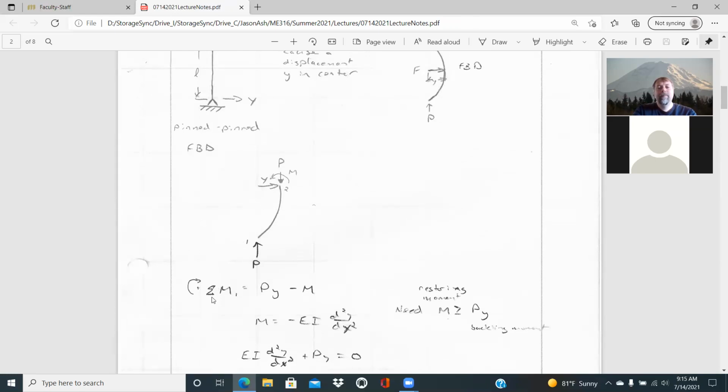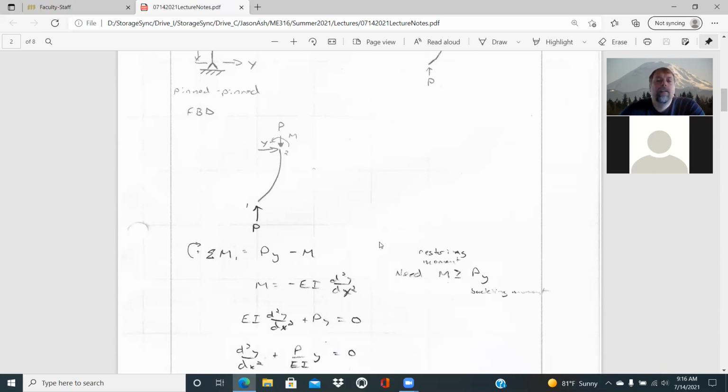And so if we sum our moments, in this example I sum moments clockwise, about this point here. We'd have a P times Y, just force times moment arm, minus the M for our internal moment. And solving that, M is equal to, remember, minus EI d squared Y dx squared from our bending discussion.